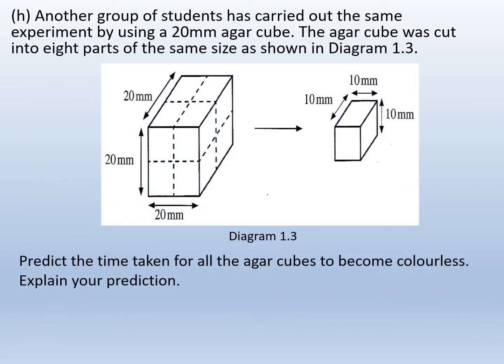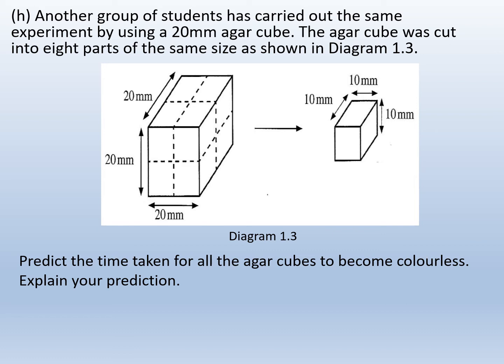H. Another group of students has carried out the same experiment by using a 20 millimeter agar cube. The agar cube was cut into 8 parts of the same size as shown in diagram 1.3. Predict the time taken for the agar cube to become colorless. Explain your prediction.